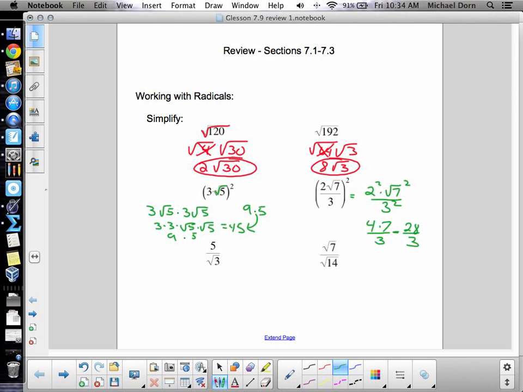I'm sorry, 3 squared is 9. So 28 over 9. So all we do is basically when I have a product or a quotient under a radical, I distribute the exponents to every one of those.